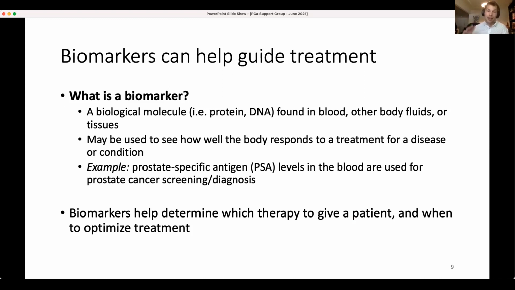So the canonical example in prostate cancer is, of course, PSA. So PSA is what we use for prostate cancer screening and diagnosis. And in later disease, we also use it to be able to monitor how well patients do on the therapy that they're given. So ultimately, this is a tool that clinicians can use to help really optimize cancer treatment for individual patients.